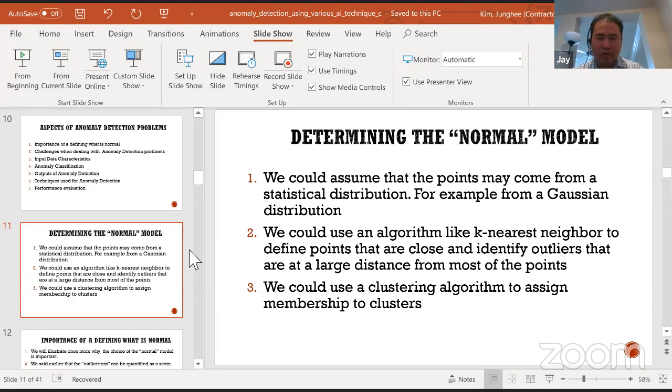So defining the normal signal is very important. What can be the normal signal, the normal distribution, and what is not normal, like something we don't want or outside of the main signal we have. For that, there are many different techniques like clustering or K nearest neighbor. I will talk about that more later.